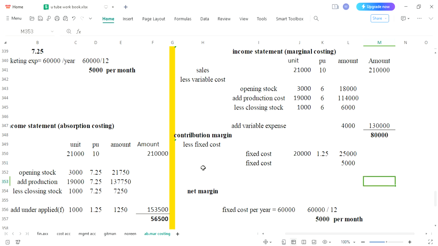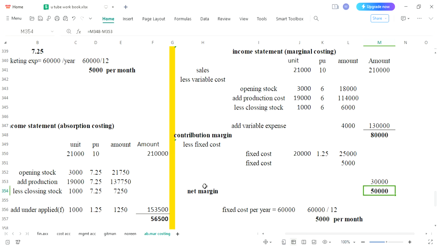Come over here and calculate your fixed cost in total. There are two elements involved, 25,000, and you need to add second fixed cost 5,000. Total fixed cost is 30,000. It's time to calculate our net margin, which is difference between fixed cost and contribution margin. Your contribution margin is 80,000 and you need to subtract your fixed cost, which is 30,000.